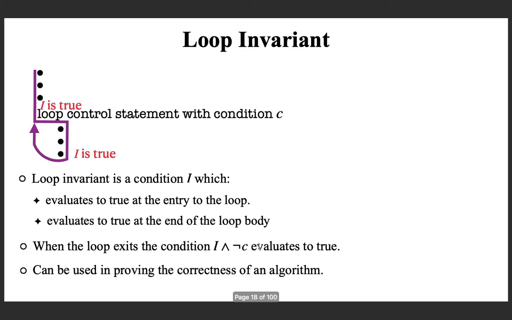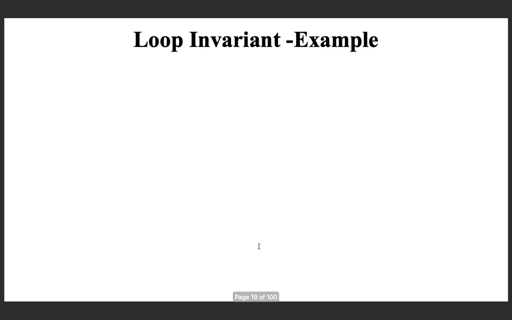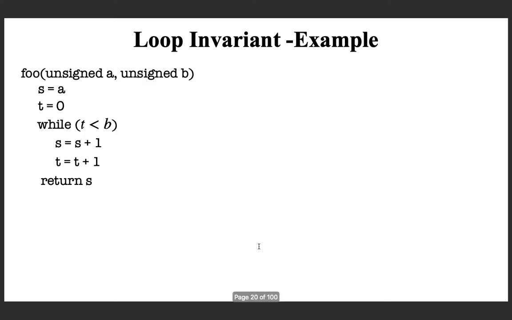I hope you are getting this, and this can be used in proving the correctness of an algorithm. We will see a loop invariant example, and we will also see how it helps us in proving the functional correctness of an algorithm.